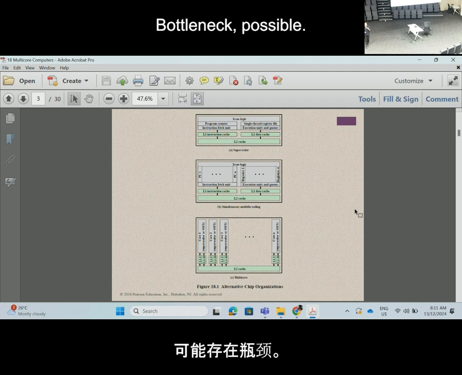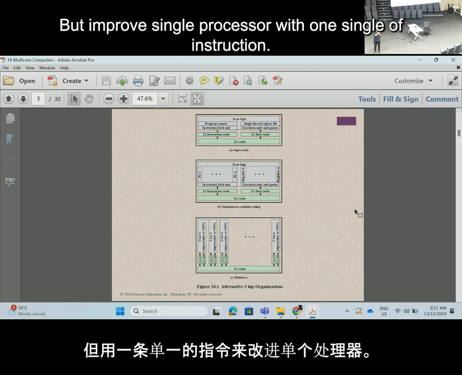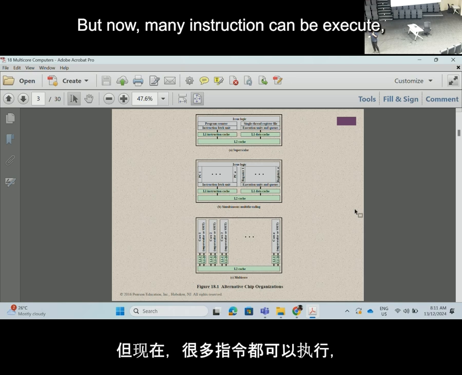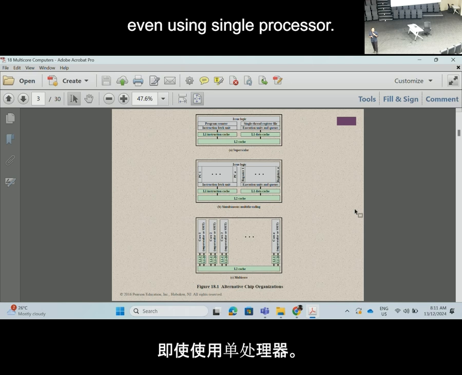What happened? A bottleneck is possible. Delay is also possible. But it improves on a single processor with one single instruction, because now many instructions can be executed, even using a single processor.